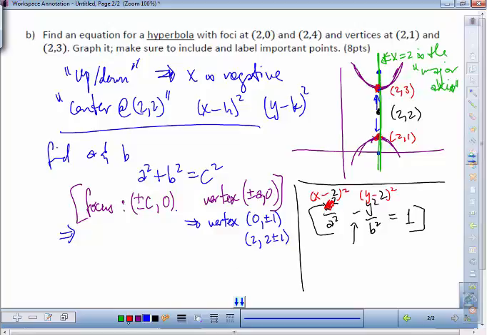But this is the number A that we're looking for. I'm not using my colors correctly here. So your A is 1, basically.